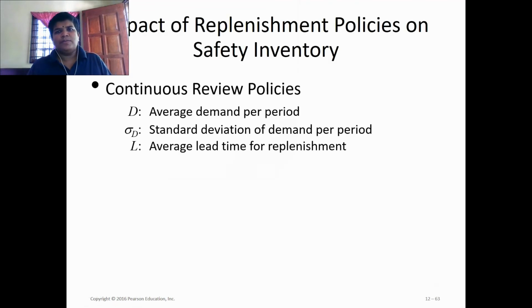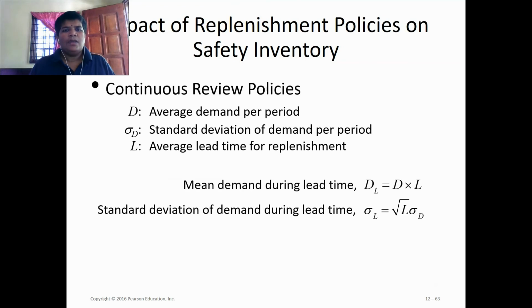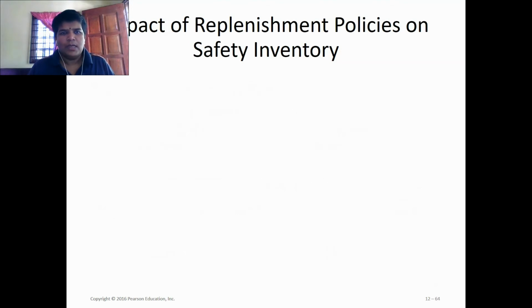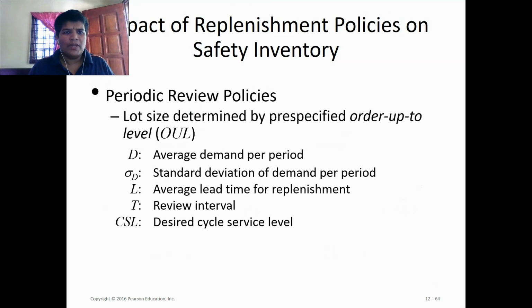Impact of replenishment policy on safety inventory. Okay, continuous review policies. So we have the formula, so just plug in the values. And for periodic review policies, earlier we know that we have two replenishment policies. So one is cyclic, one is periodic.